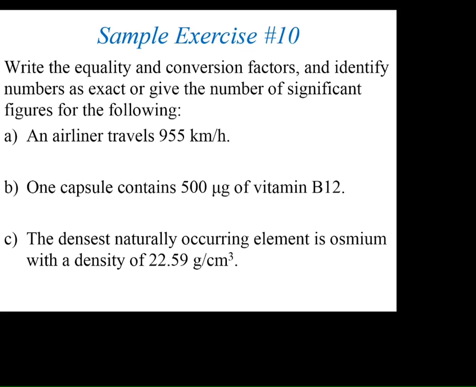955 over 1 hour? Right, so 955 kilometers is the same as 1 hour. So you could write it 955 kilometers per hour, or you could write it 1 hour per 955 kilometers, right? Because it always works the opposite way too.